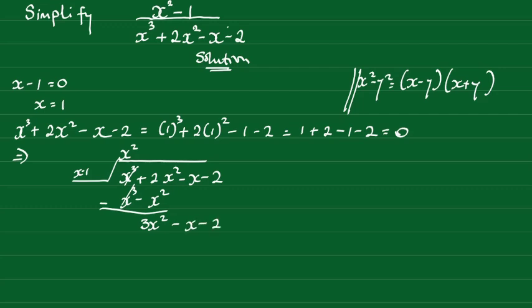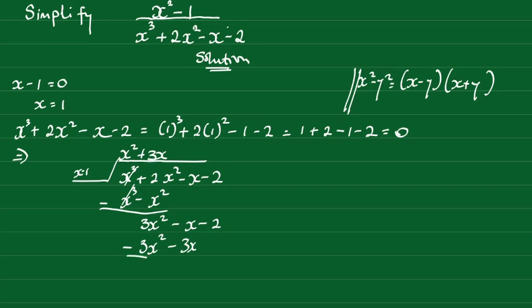Now we look for what multiplies x and gives us 3x raised to power 2. This in turn is plus 3x. Now plus 3x times x gives us 3x raised to power 2. Minus 1 times plus 3x gives us minus 3x.